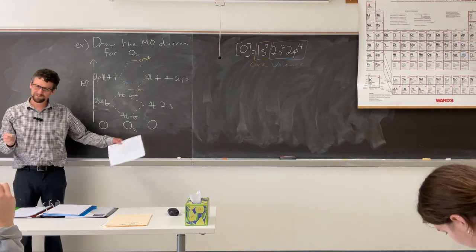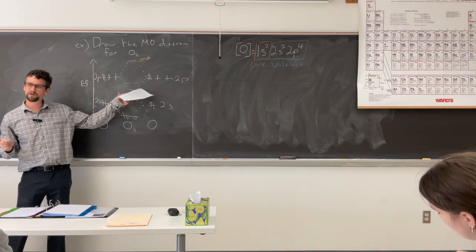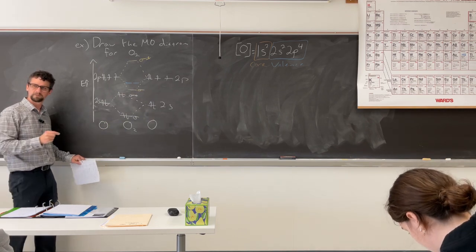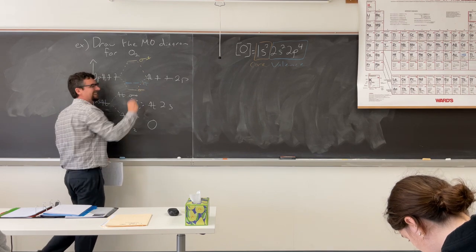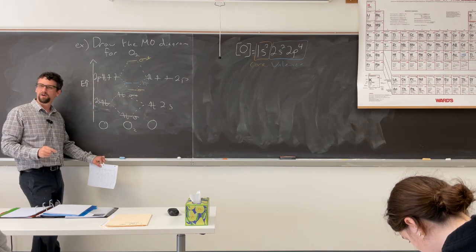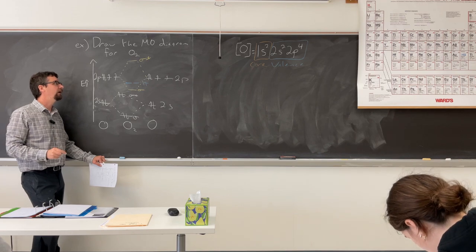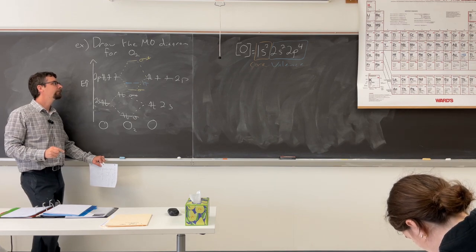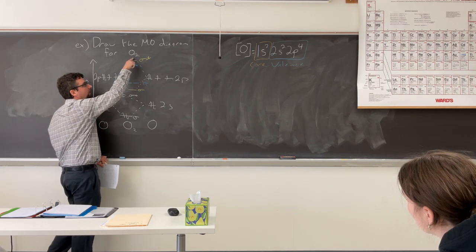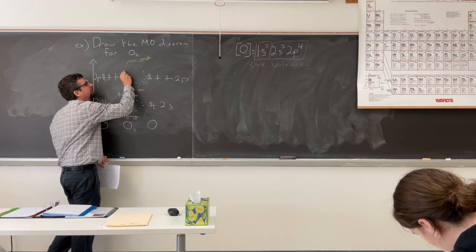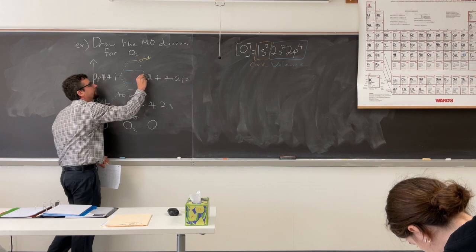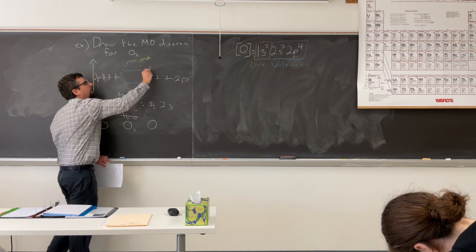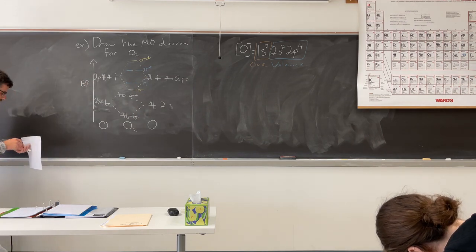And they're higher in energy than the sigma, is that right? It does depend. In this case, it is correct. Now, what about the pi star? That's going to be above the sigma, right? No, it's gonna be lower. Yeah, it's going to be lower.